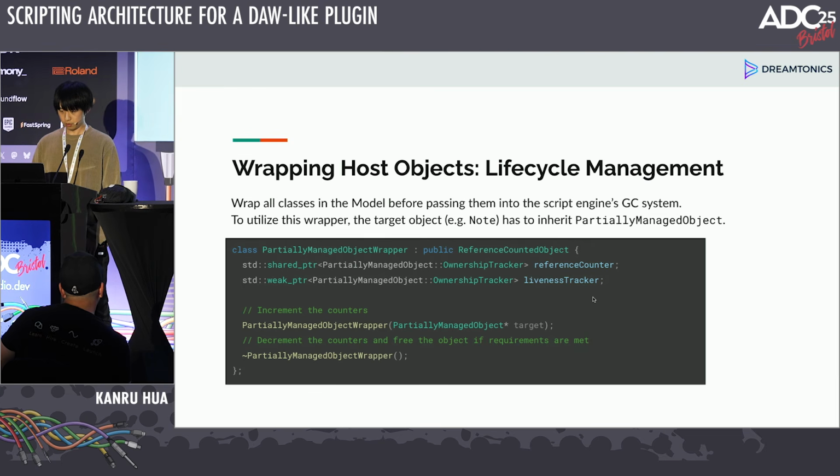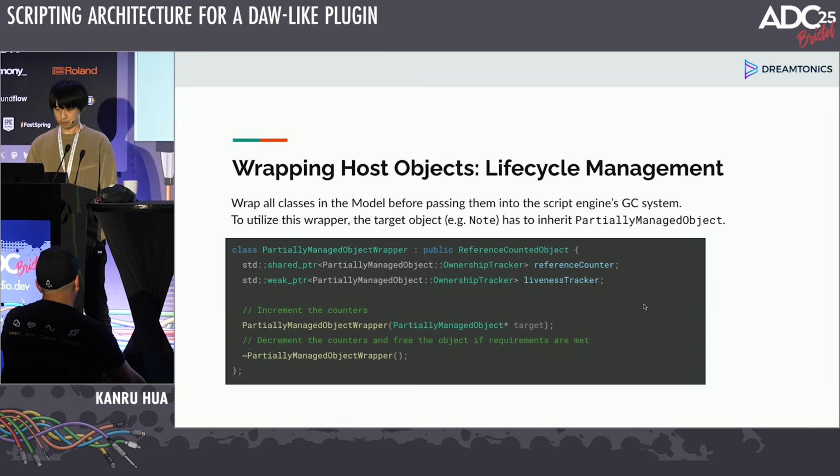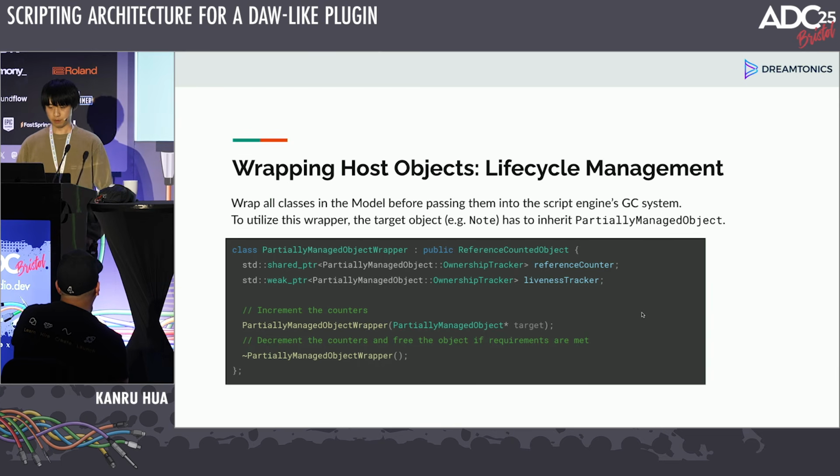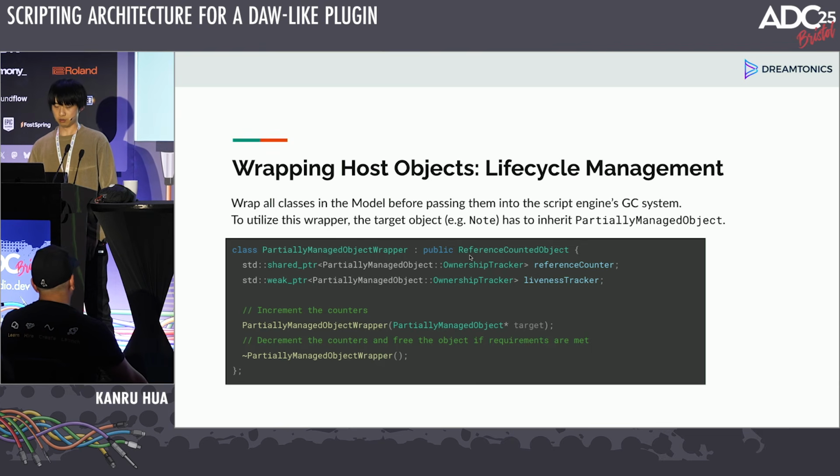This is a trick, borrowing some fundamental building blocks like shared pointer and weak pointer. Basically, we reuse the juice reference counted object and use it as a wrapper to the host references to the actual host object we want to safely access.